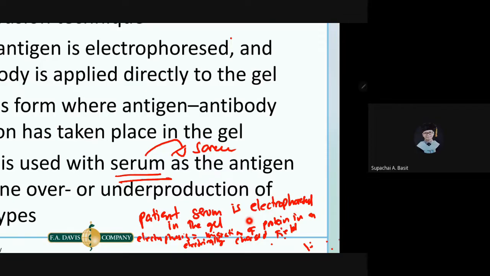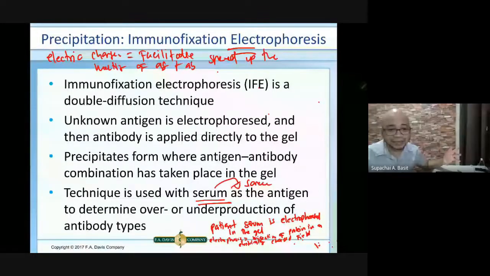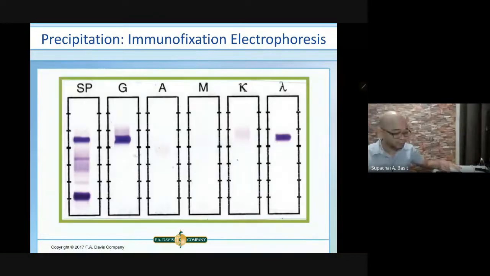Meaning, the larger the molecular weight, the slower the migration would be. So in this case, this is an example of immunofixation electrophoresis. This is the standard.